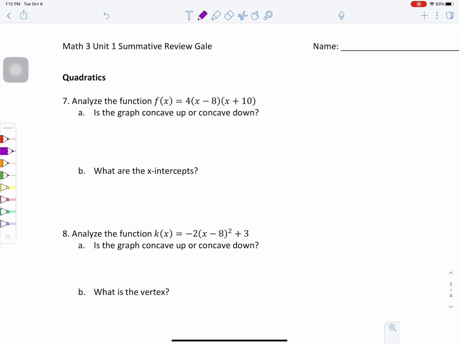Analyze the function f of x is equal to 4 times x minus 8 times x plus 12. This is factored form.